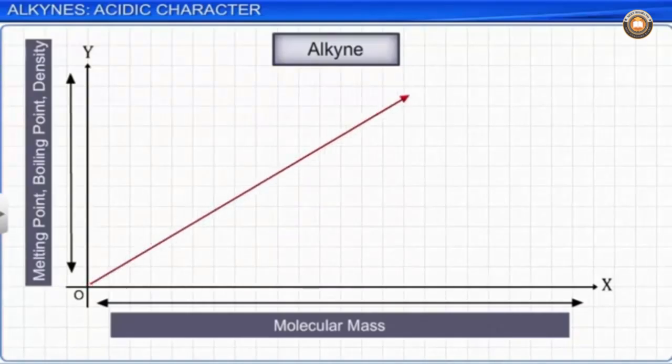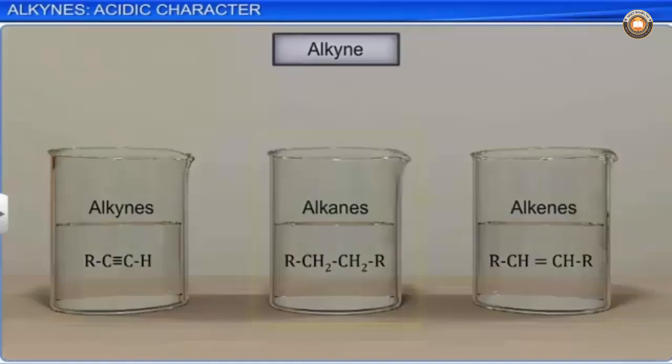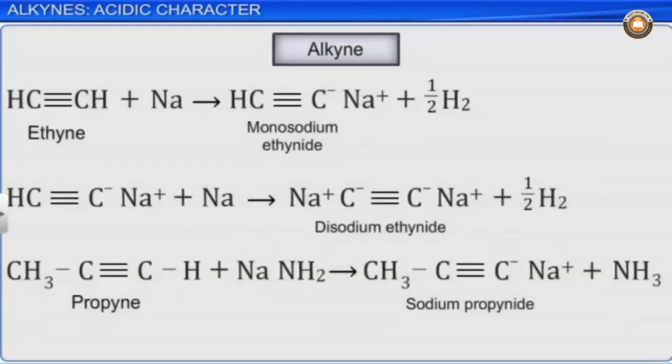Coming to their chemical properties. Alkynes exhibit more acidic behavior than alkanes and alkenes. For example, sodium metal reacts with ethyne, forming monosodium ethanide and disodium ethanide.